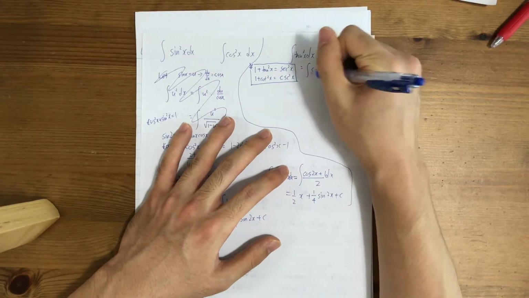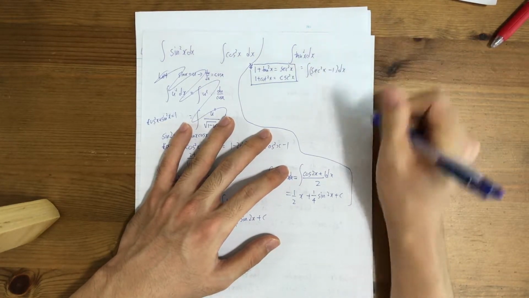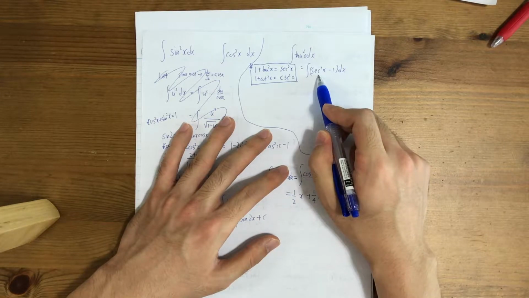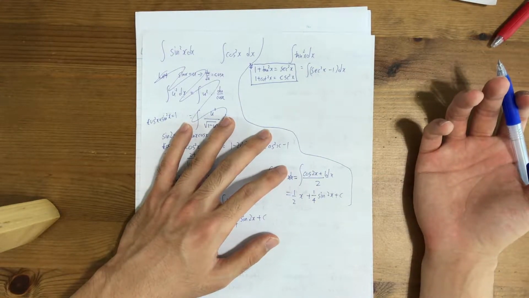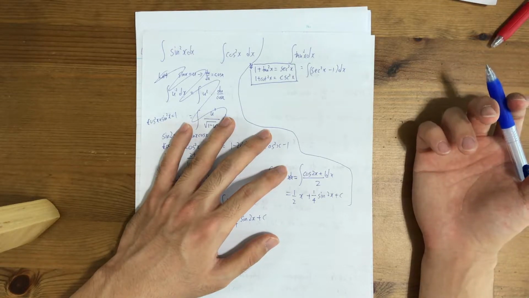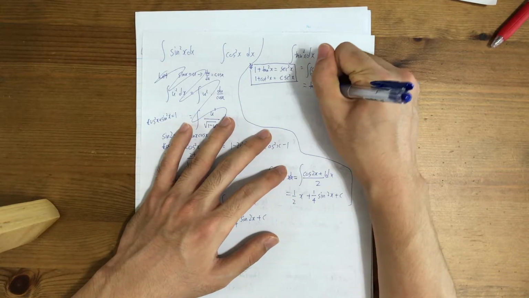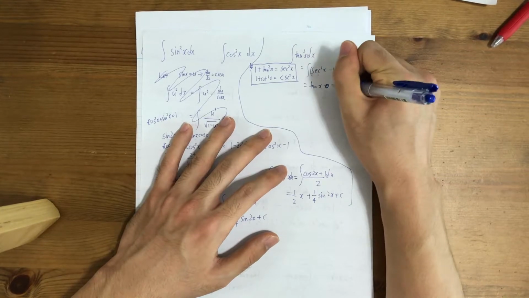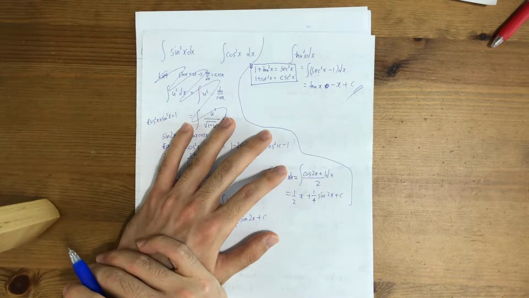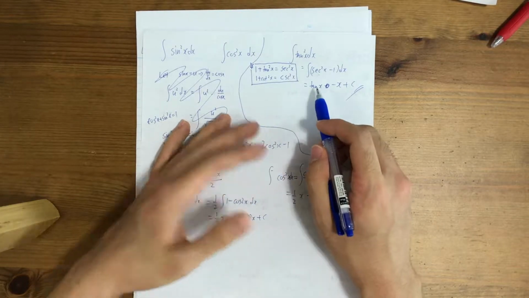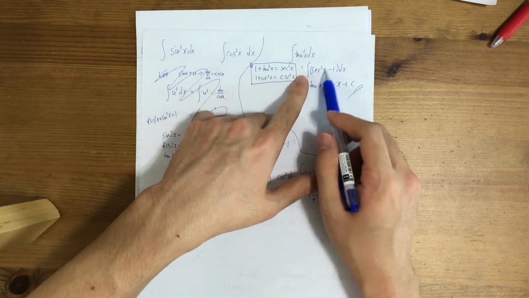Why are we doing that? Because what's the antiderivative of secant squared? Tangent, right? Because if we differentiate tangent, we already know that we have secant squared. So this simply means this. That's it. So again, secant squared.